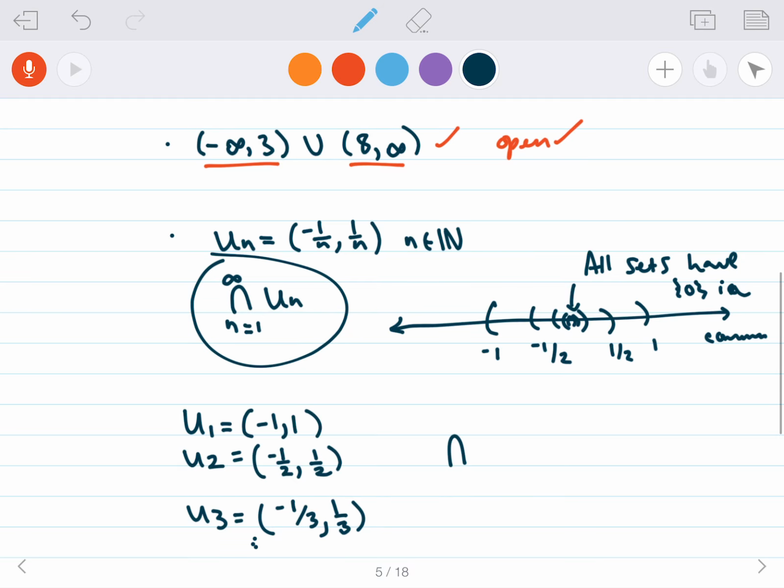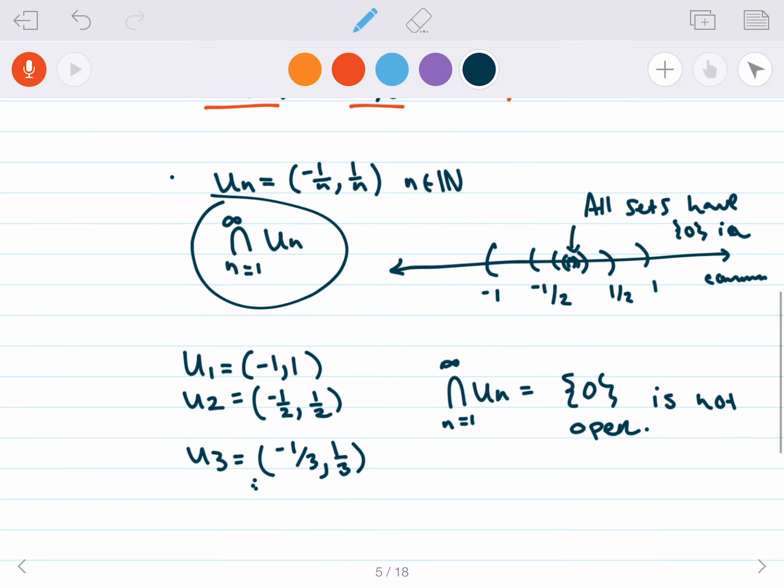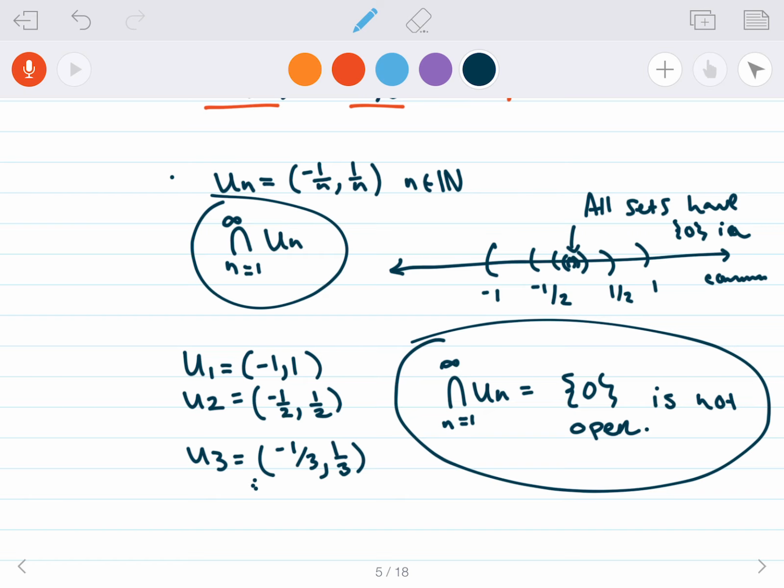And so the intersection from n equals 1 to infinity of U_n is going to be {0}. And {0} is not open, for the same reason that closed sets are not open. We can't find a little neighborhood around a single point. It's literally just a point. There's no neighborhood.